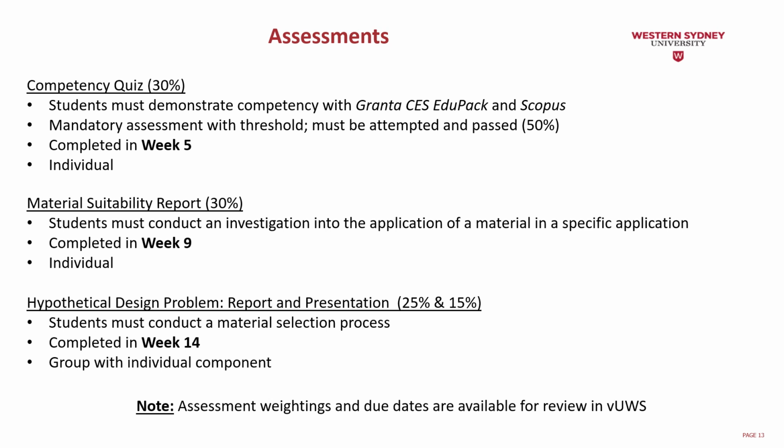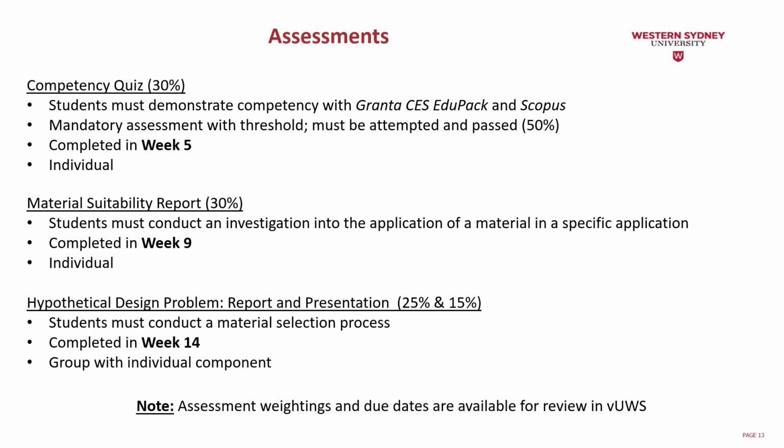So for the competency quiz, which is going to have a weight of 30%, the student must demonstrate competency with the Granta CES Education Pack and the Scopus. A mandatory assessment with a threshold, it must be attempted and passed by 50%.